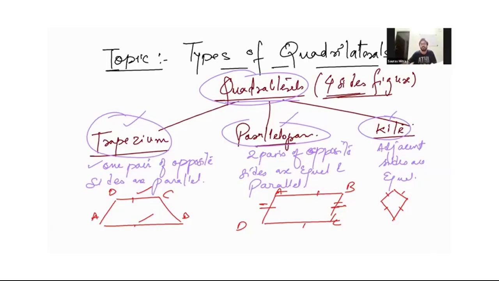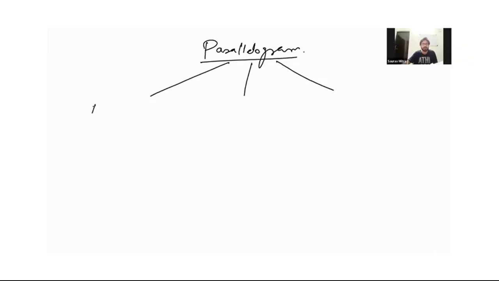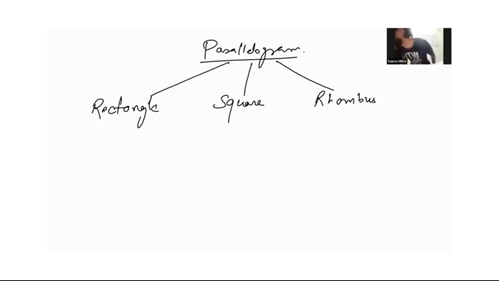Now further we will categorize our parallelogram into different figures. So parallelogram will be categorized into rectangle, square, and rhombus.